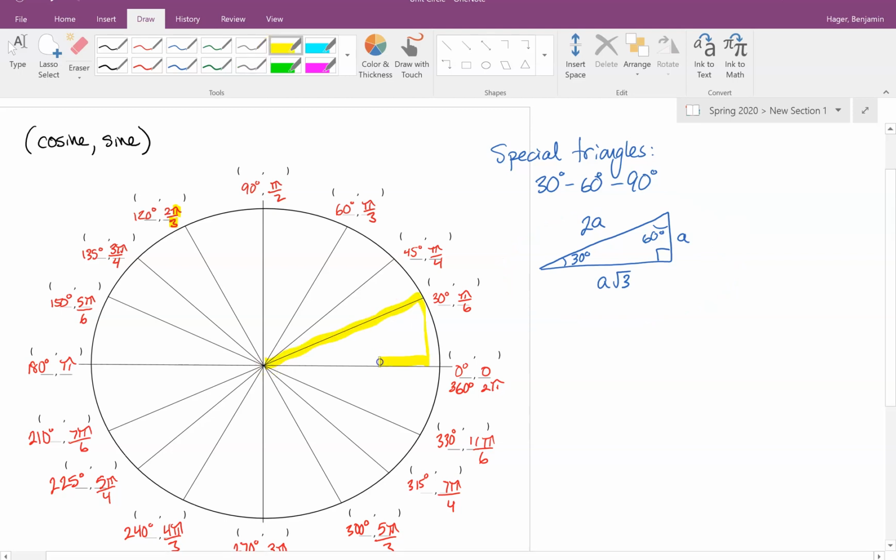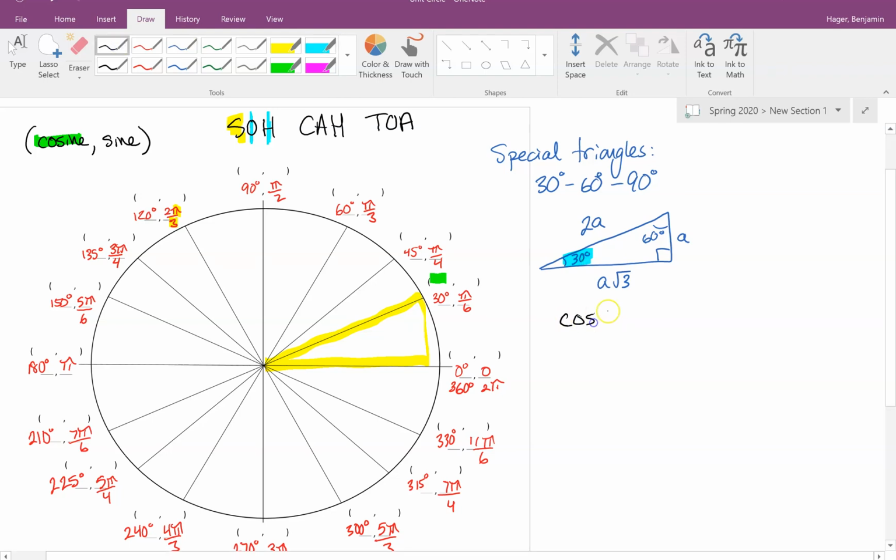All right, so I'm going to calculate the sine and cosine values by thinking of good old SOHCAHTOA. Remember, this tells you which trig function you've got, and it tells you which side lengths to divide depending on what angle you're standing at. So let's work on this 30-degree triangle. Again, the x value, the first data point here, is going to be my cosine value. So let's stand at 30. That's my standing point.